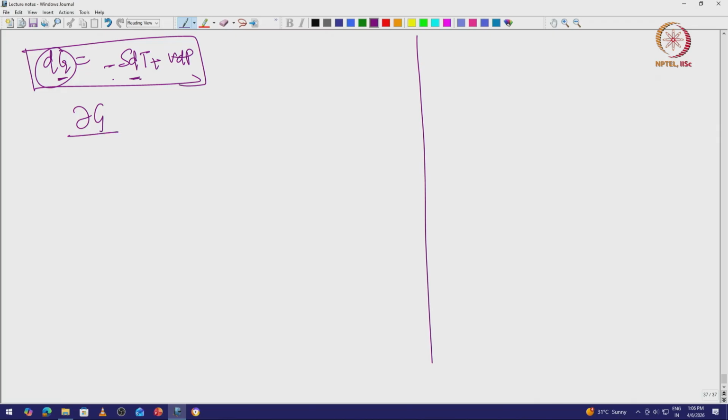In other words, dou G by dou T at fixed pressure is minus S. So, the slope of G versus T, once I fix the pressure, is minus S. I can fix the pressure, change the temperature, and calculate how G changes, or I can fix the temperature and change the pressure and see how G changes. So, G changes with both temperature and pressure, and both are good control variables.